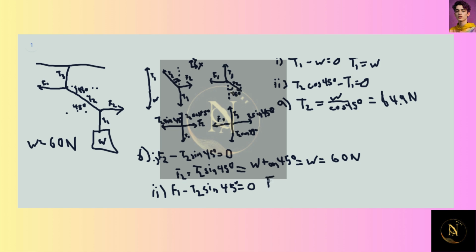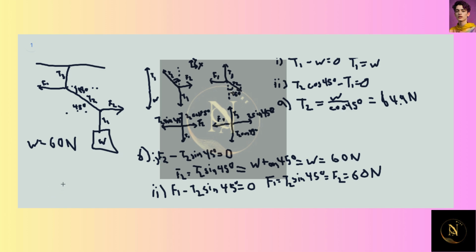So F1 equals T2 sine of 45 degrees, which is equal to F2, which equals 60 newtons. So we have equal and opposite forces opposing each other.